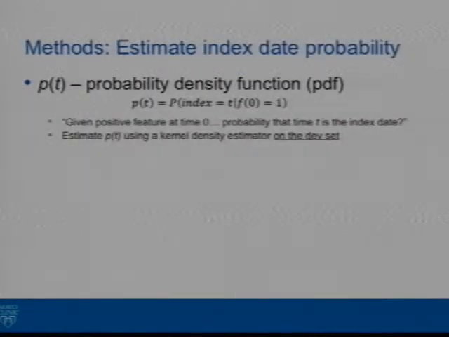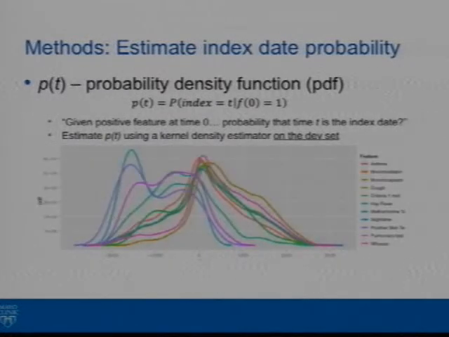But there's also a probabilistic way to do this. And so, if you can't tell, I enjoy looking at probabilities and stuff like that. So what I did was estimate probability density functions. The example that I have here is estimating the index date probability. You don't have to look too much in detail at the equation.